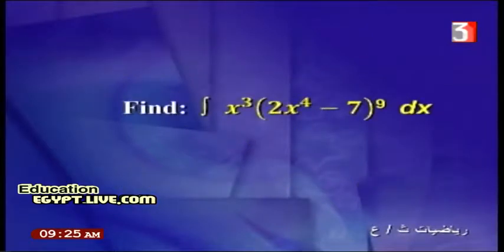Find the integration of x power 3 multiply between two brackets 2x power 4 minus 7 all power 9 dx.